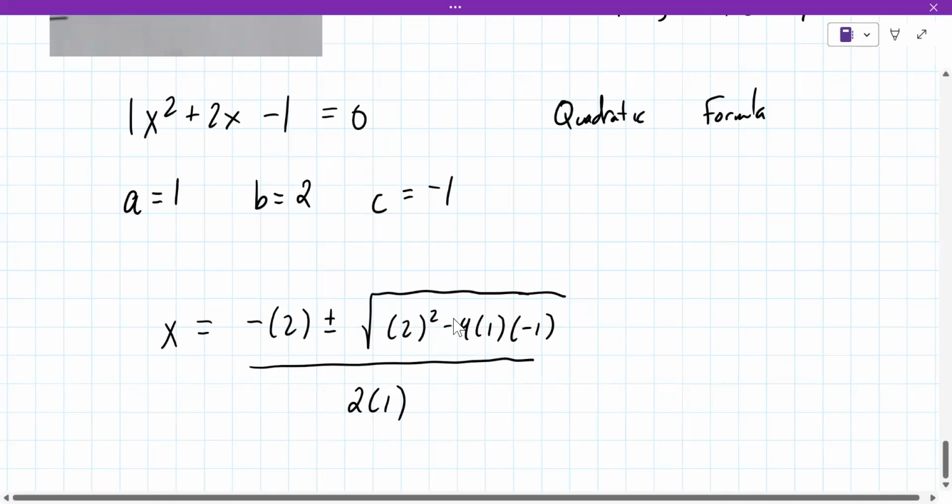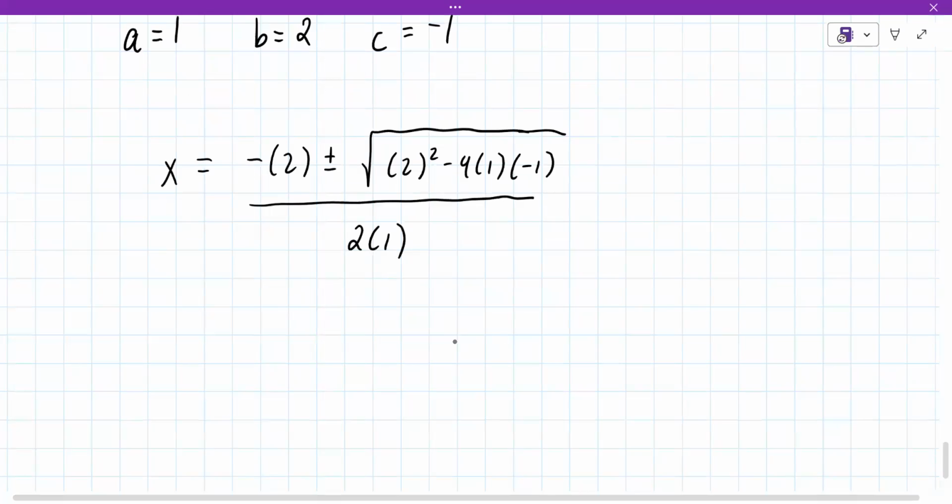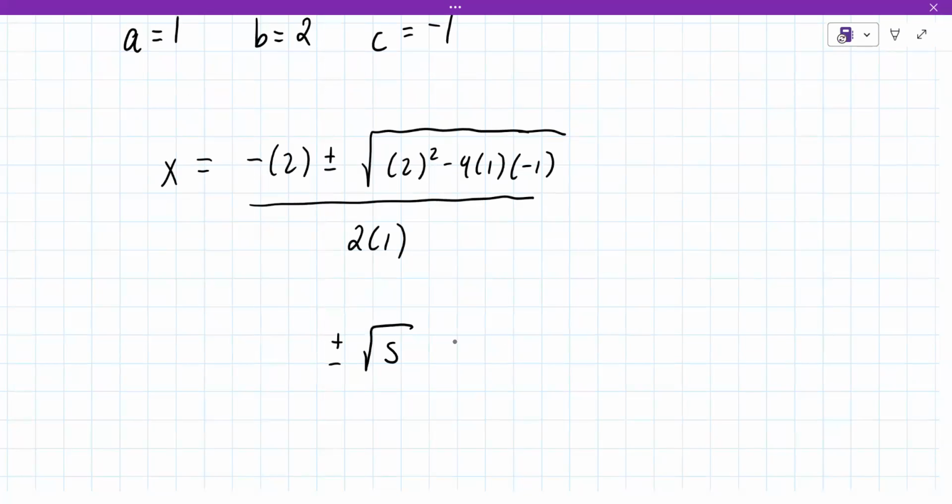So it becomes 4 plus 4. So it ends up being the square root of 8, with -2 here and a 2 there. Okay, we're not done, but that's the start of this. There's a bit more to do here.